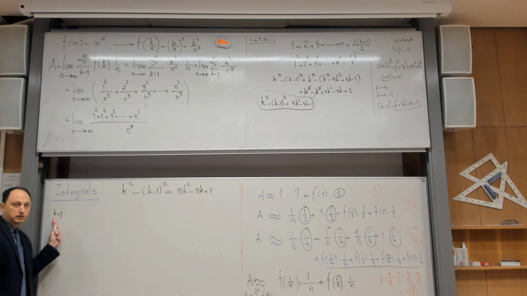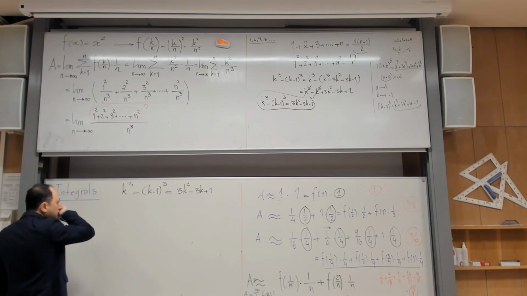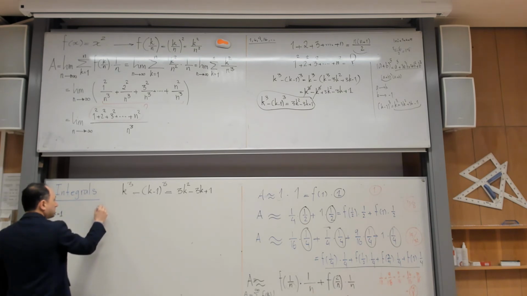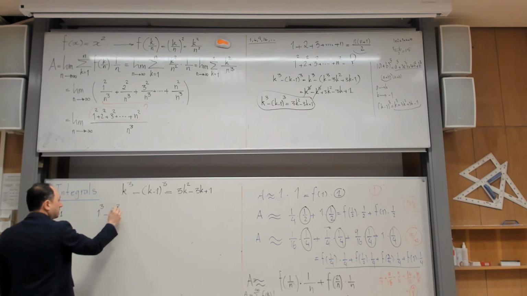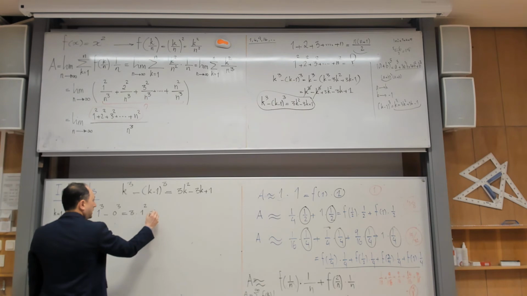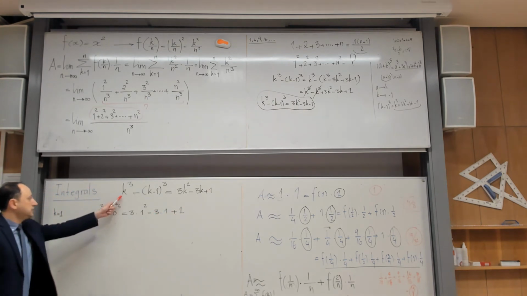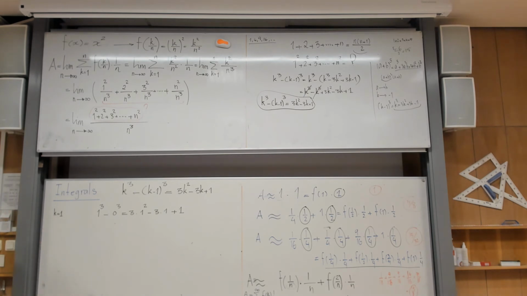Then what happens? It becomes 1 to the power of 3 minus 0 to the power of 3 is equal to 3 times 1 to the power of 2. I intentionally do not calculate, by the way. I'm just replacing k with 1. Do you agree? Now I replace k with 2.